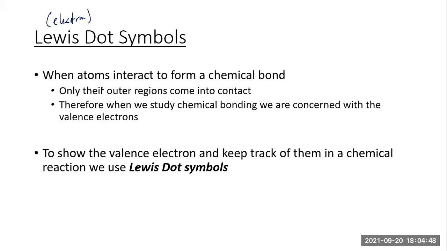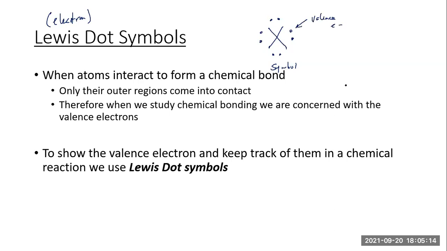And because bonding only involves valence electrons, we only show valence electrons. And basically when we do Lewis dot symbols or electron dot symbols, we use the symbol for the element and basically 2 dots per side max. And each dot represents a valence electron.